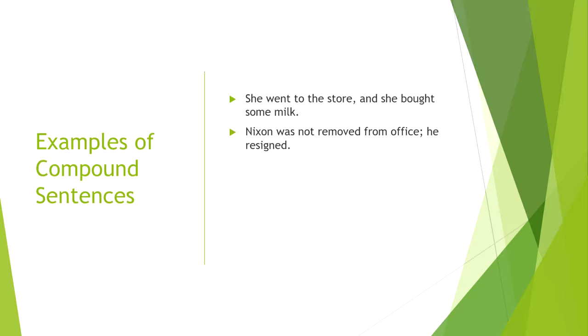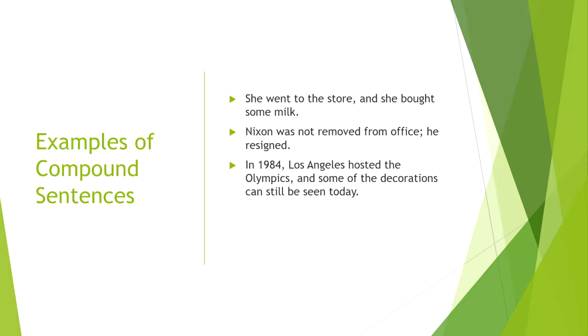But you want to use those very sparingly. You don't want to always use that. The comma and the conjunction is much more common and usually works better stylistically. Here's another example. In 1984, Los Angeles hosted the Olympics, and some of the decorations can still be seen today. Both of those sentences can stand alone, right?